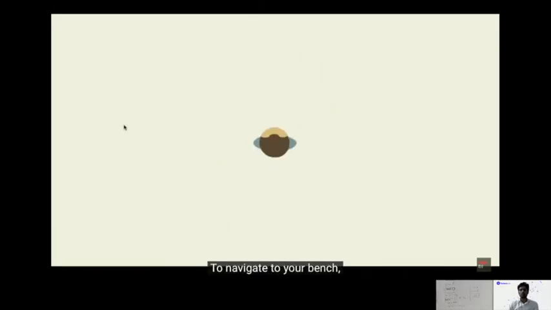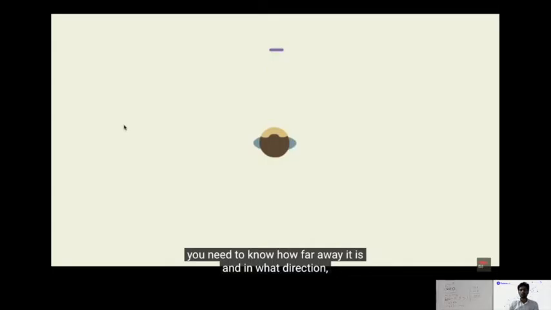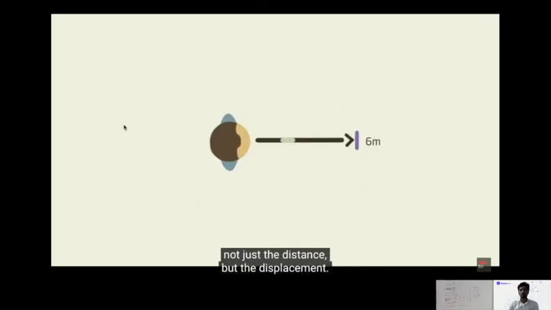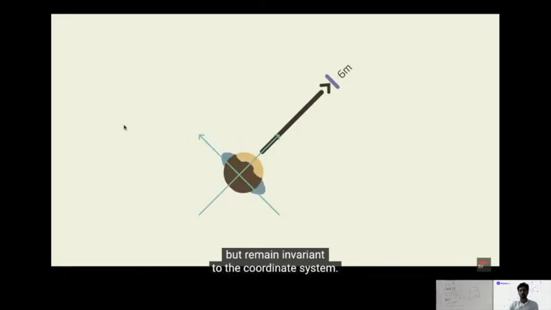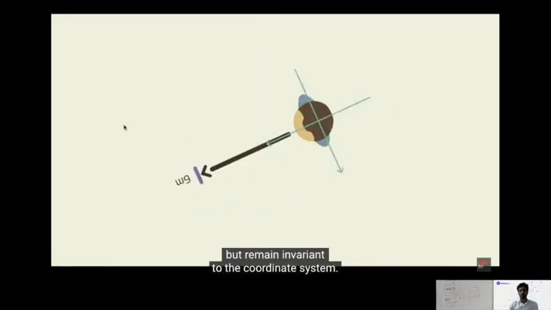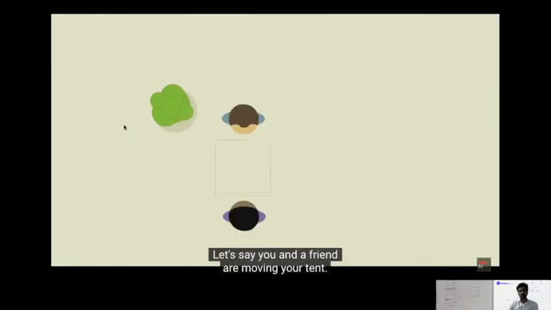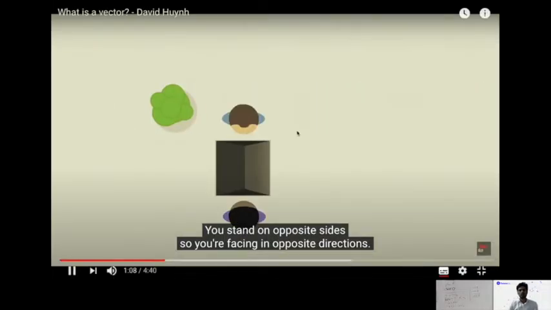To navigate to your bench, you need to know how far away it is and in what direction, not just the distance, but the displacement. What makes vectors special and useful in all sorts of fields is that they don't change based on perspective, but remain invariant to the coordinate system. What does that mean? Let's say you and a friend are moving your tent. You stand on opposite sides, so you're facing in opposite directions.